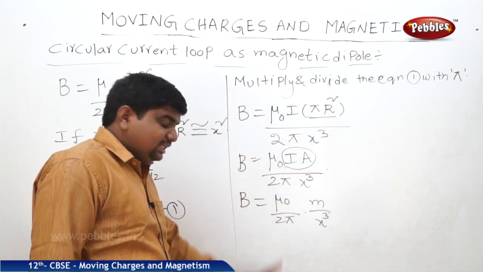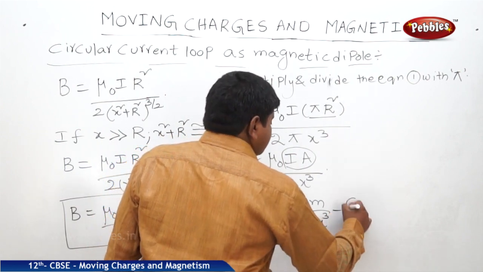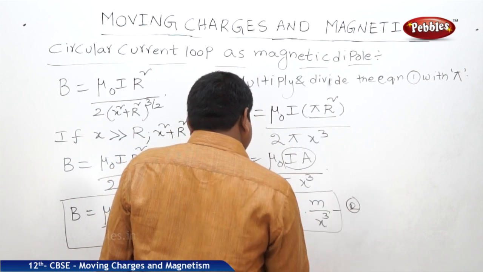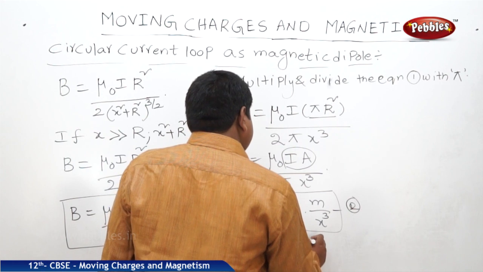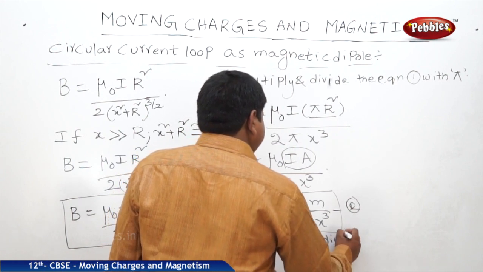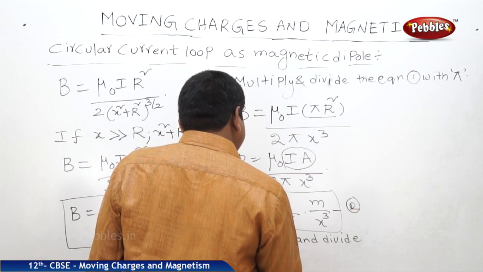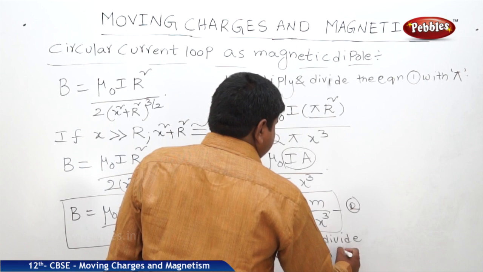Let us say this is equation 2. Multiply and divide equation 2 with the number 2.